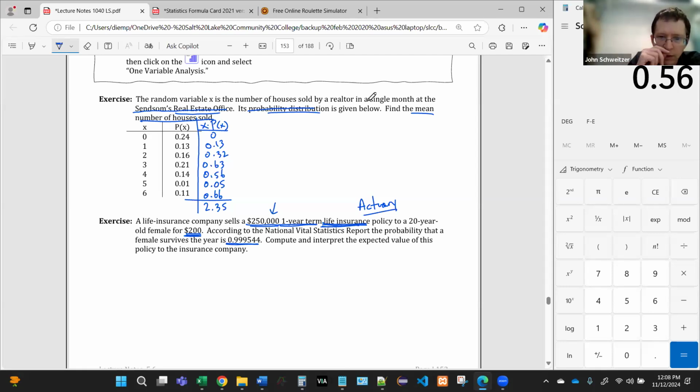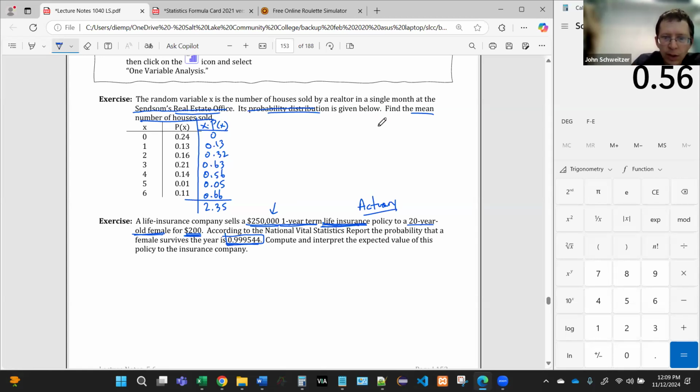They're using the law of large numbers to find these probabilities. So for a 20-year-old female, it's going to cost less than a 65-year-old male, because 20-year-old females have a much smaller chance of dying, and it's quite likely that a 20-year-old female will survive for another 12 months. That probability is more than 99.9%. So that's good.